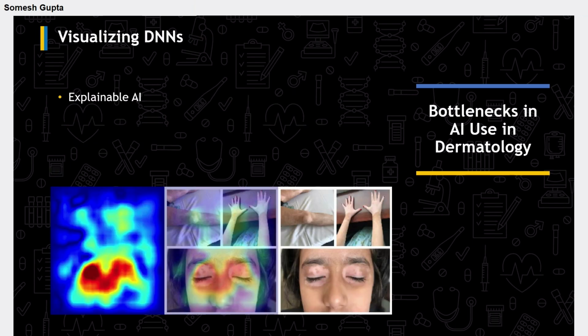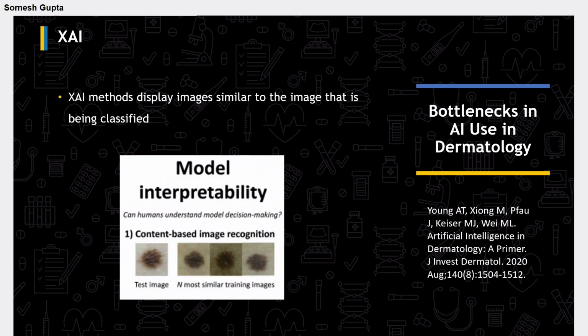We also tried explainable AI, which is now an established technology. So the heat map most often showed the area of interest correctly in our own application, but there was some problem in some inflammatory conditions.